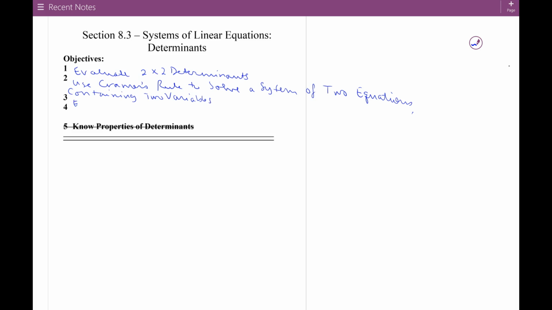Then the third thing is to expand our determinant knowledge and evaluate 3 by 3 determinants. And then use Cramer's rule to solve a system of 3 equations containing 3 variables.